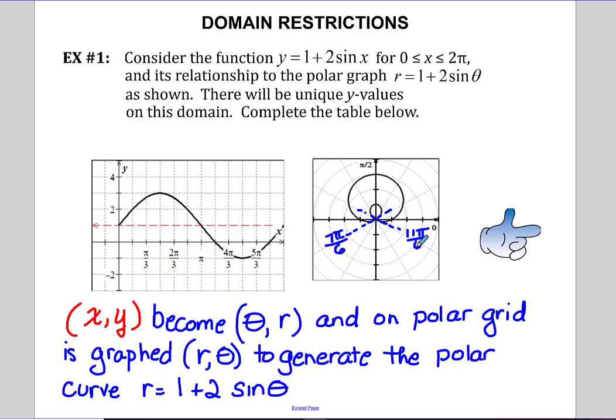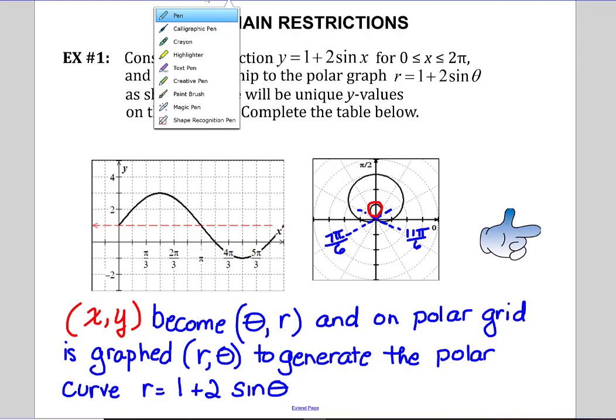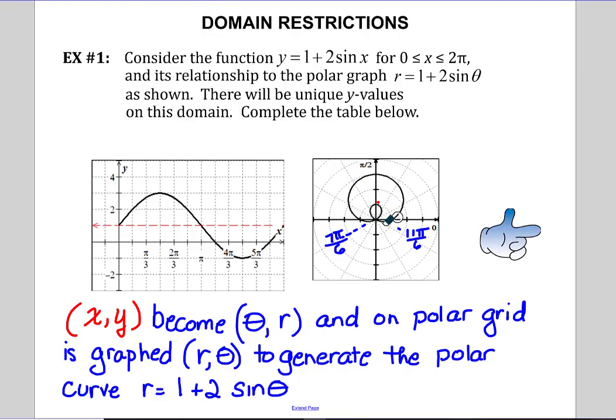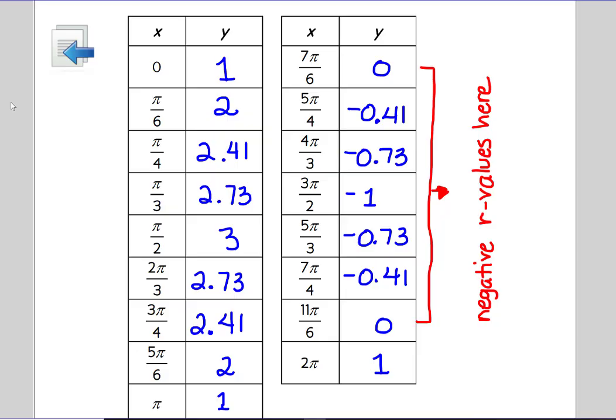When we get into calculus and polar curves in Calc BC, we have to know the angles where those kind of events occur when we want to find the area inside of those loops. So again, that's for a later course. But that's how those graphs are related: the negative values are what create that inner loop on the limacon.